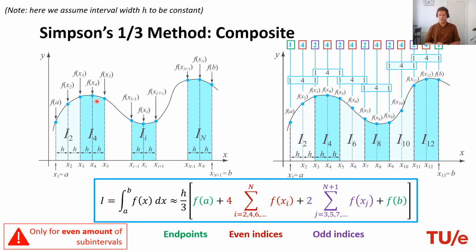And you can easily check this by, for instance, drawing this out for, let's say, 5 subintervals, then it simply won't work, and you won't be able to use Simpson's 1/3 method.